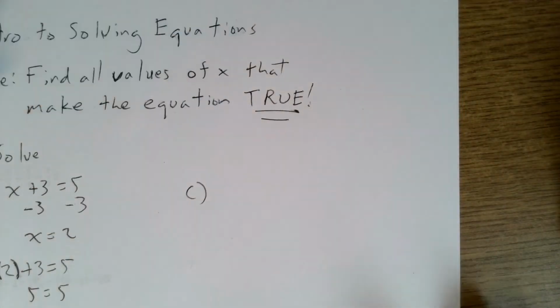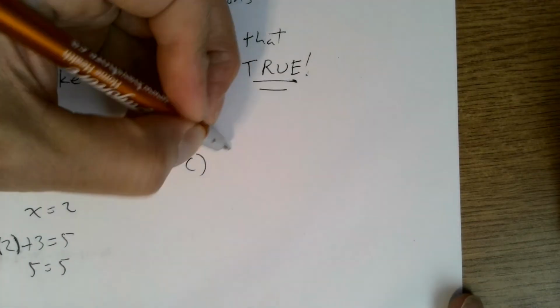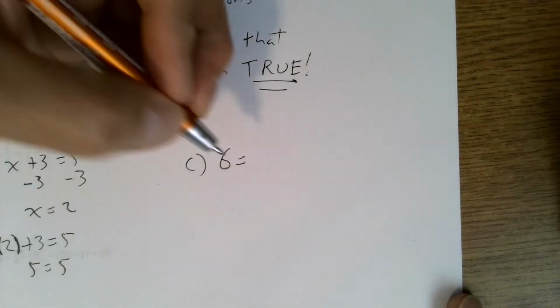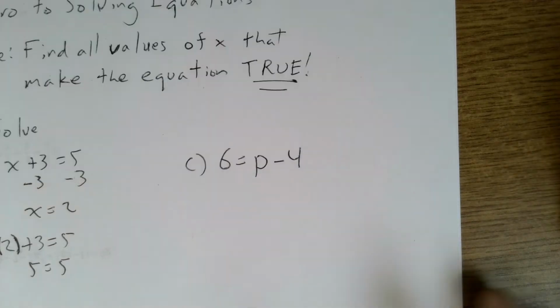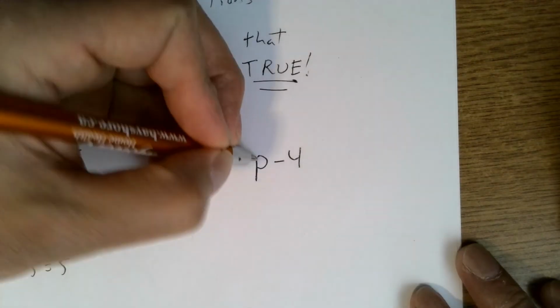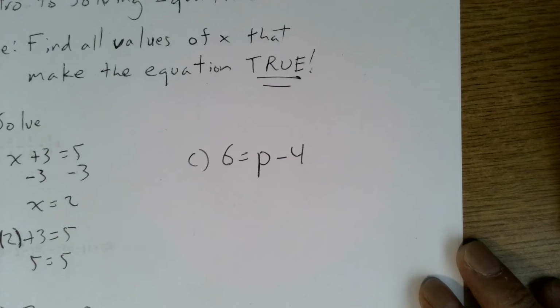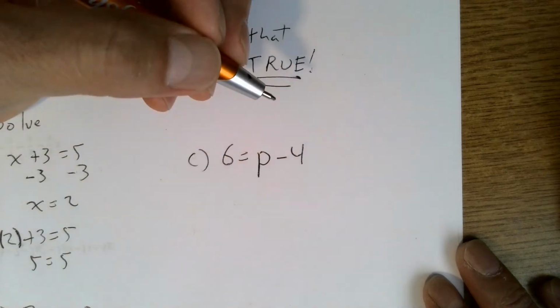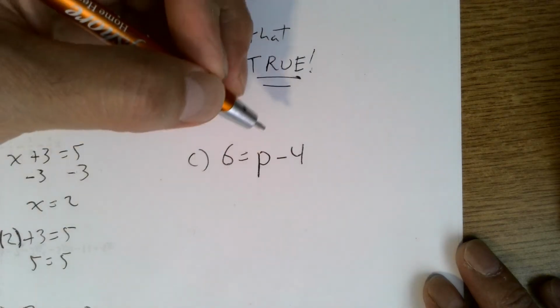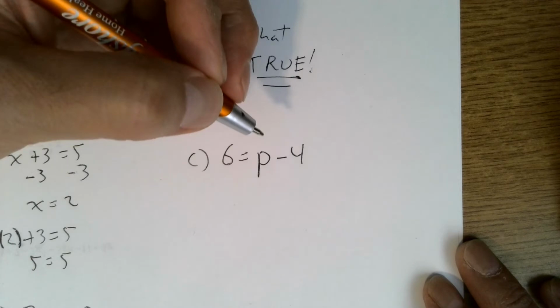Okay, let's have a look at C. 6 equals p minus 4. And obviously in this case, we're finding all values of p that make the equation true. I just used x in our definition to make it easier. Okay, so we want to get p by itself. We've got p minus 4. So basically, the same as in the other questions, we want p plus 0.